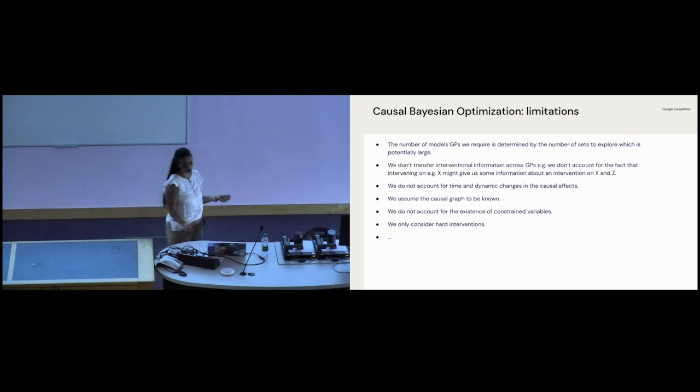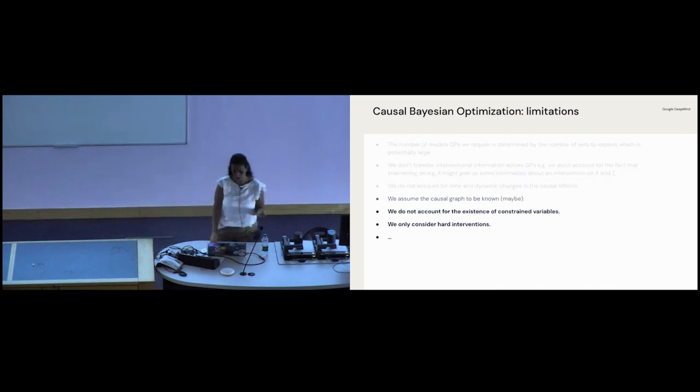There are two other issues that are particularly important, I think, in healthcare. Here I'm dealing with hard interventions, which might not be what I want to do, because I might want to take into account other variables, for example, to set statin as a function of age and BMI. And also there might be constrained variables. So there might be variables that I don't want to intervene on, or I cannot intervene on, but I want to keep them within a certain level.